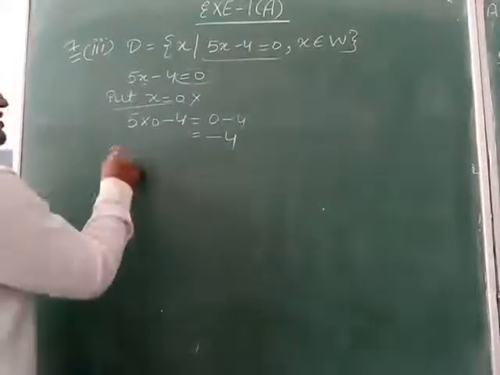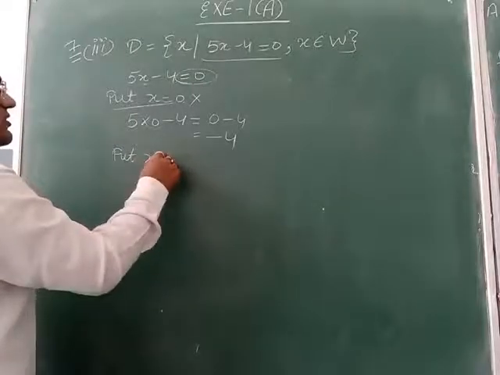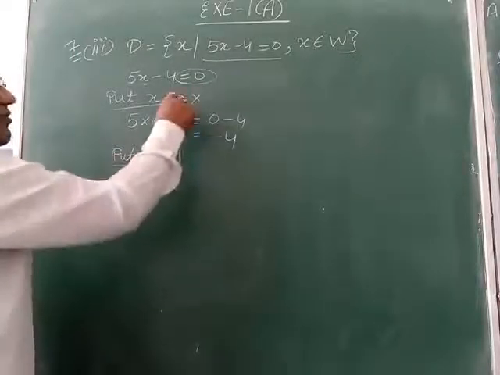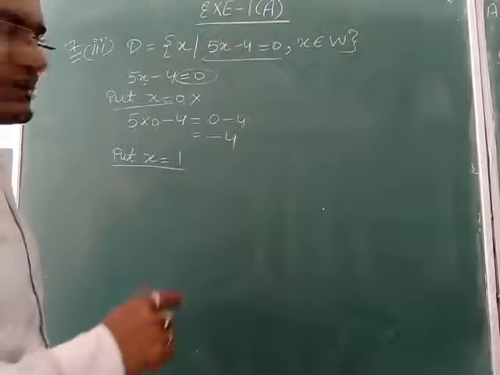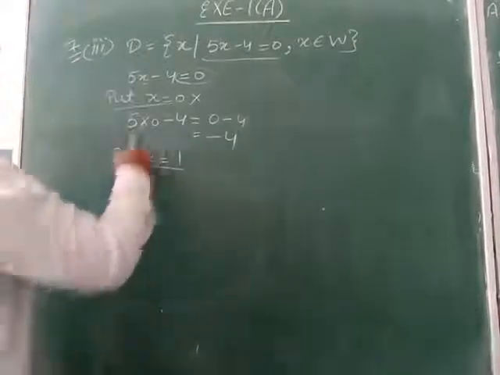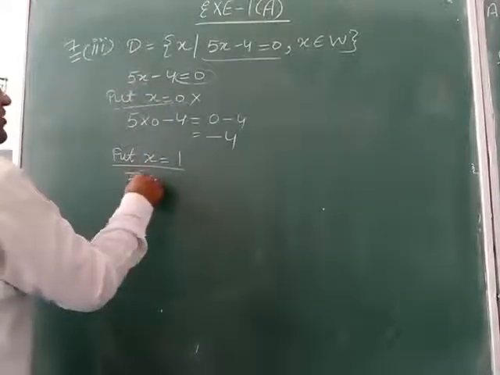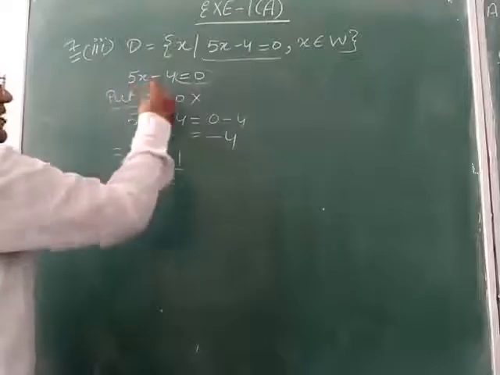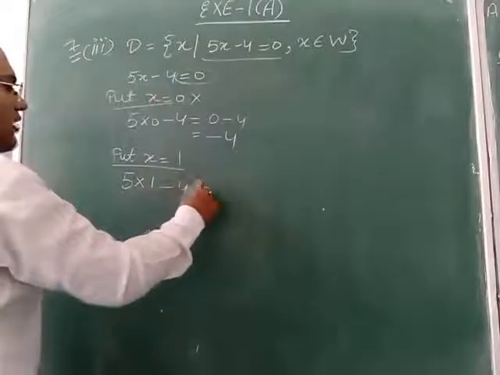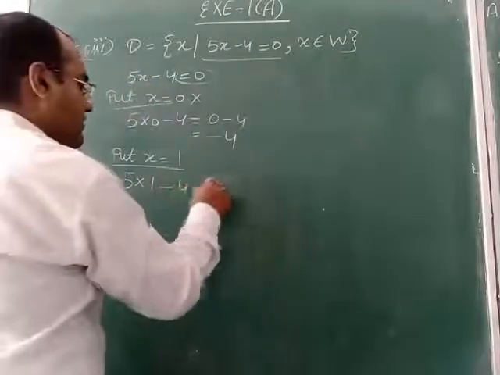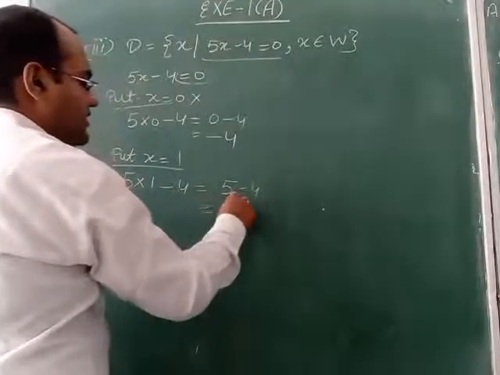Now we will check another whole number. Put x is equal to 1. After 0, which whole number comes? 1 is the whole number. Now in place of x, we put 1. So 5 multiplied by 1 minus 4 equals 5 minus 4, and 5 minus 4 is 1.